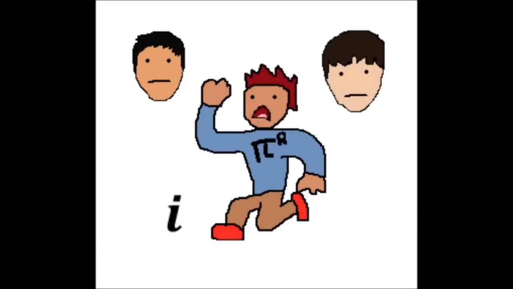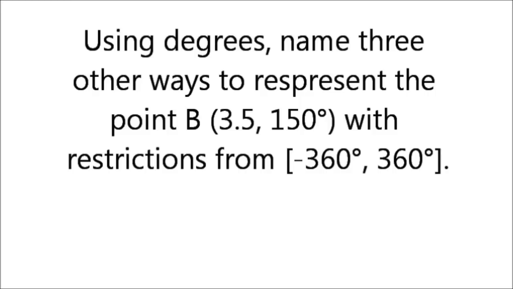Eureka! I can convert from rectangular to polar. Go ahead, ask me anything. Why don't you try helping, Irrelevant? Using degrees, name 3 other ways to represent the point B at 3.5, 150 degrees with restrictions from negative 360 degrees to positive 360 degrees.